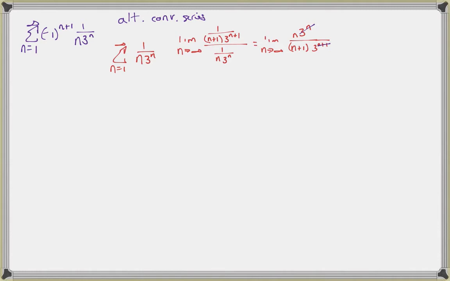And now as n goes to infinity, I've got n over 3n plus 3 if I distribute that 3 that's left on the bottom. As n goes to infinity, I would have infinity over infinity, but L'Hopital's rule would lead us to 1/3. Now our ratio test says if that is smaller than 1, we have convergence.